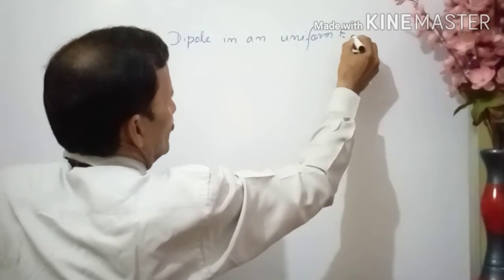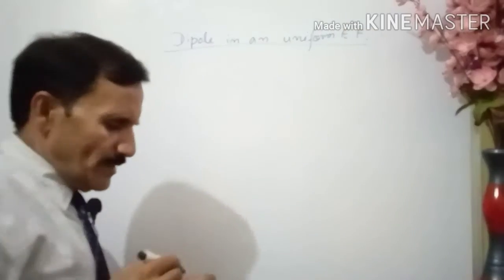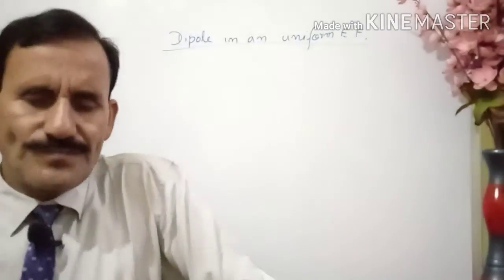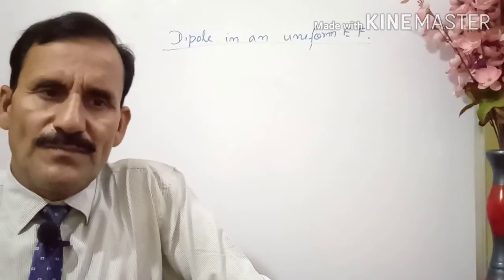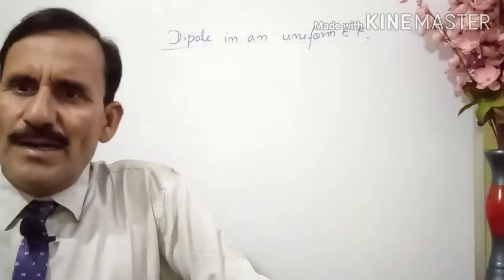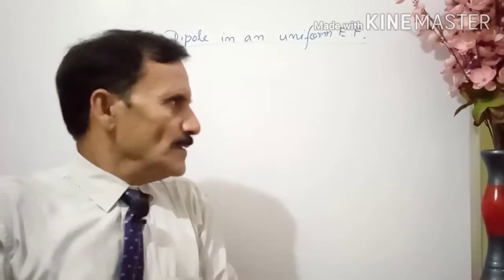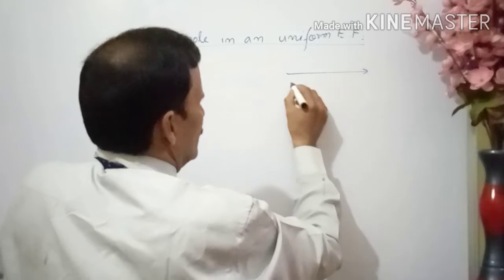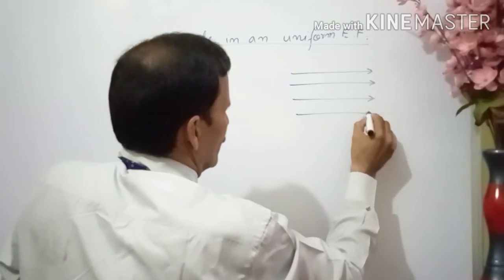A uniform electric field means the intensity of the electric field at every point is the same. What is the meaning of uniform electric field? It means the intensity of the electric field is the same at all points of the field. Okay. So suppose there is a field, no doubt uniform. That's why we are drawing parallel lines.